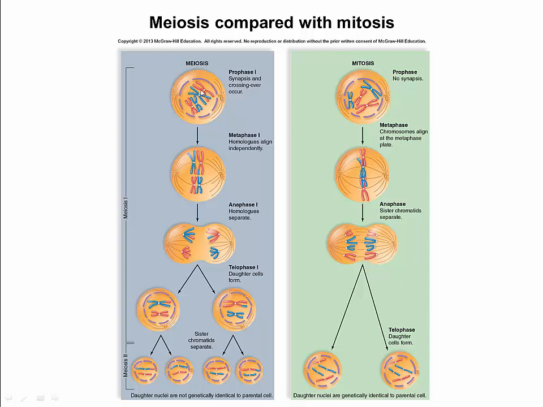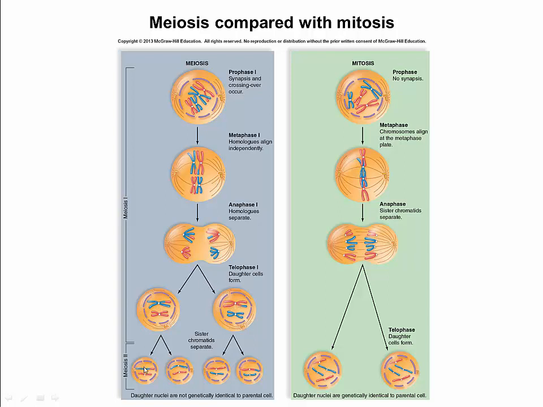But in meiosis, it's completely different. We have 2 divisions to begin with instead of 1 division in mitosis. And in meiosis, in metaphase 1, the homologous chromosomes, as we see here, and as we stated previously, line up at the metaphase plate. They separate in anaphase 1, and at the end of telophase 1, we have haploid cells. We've gone from diploid here to haploid there.